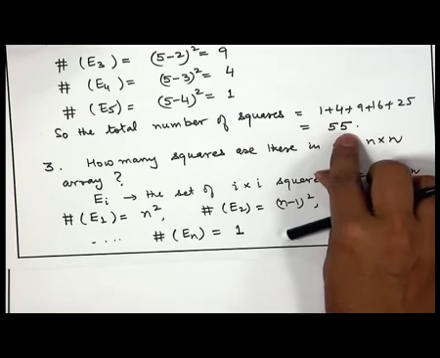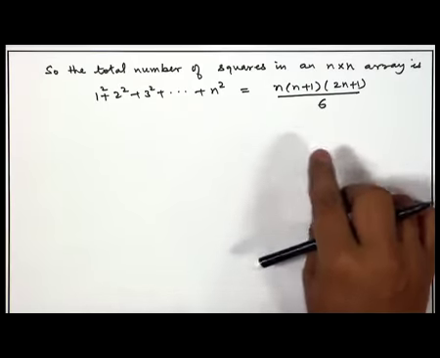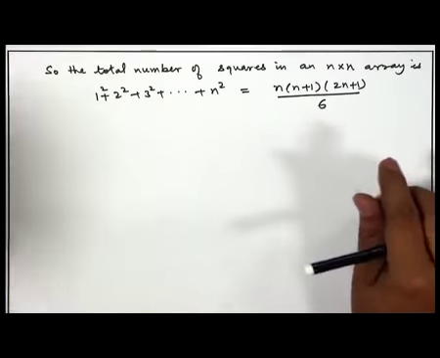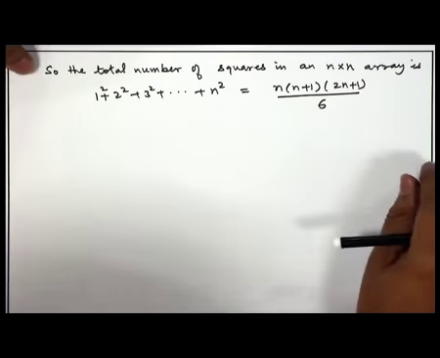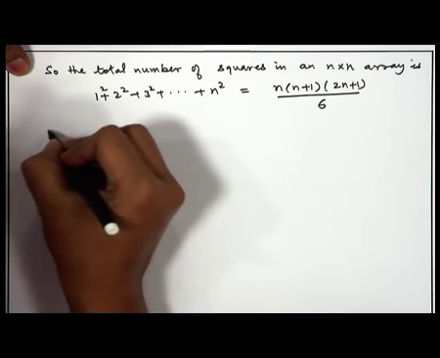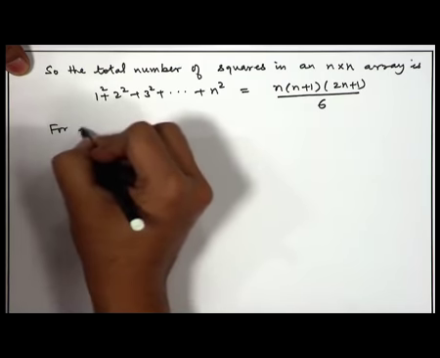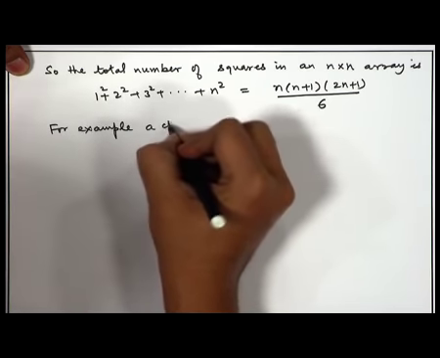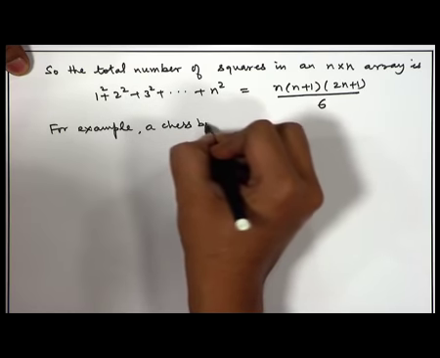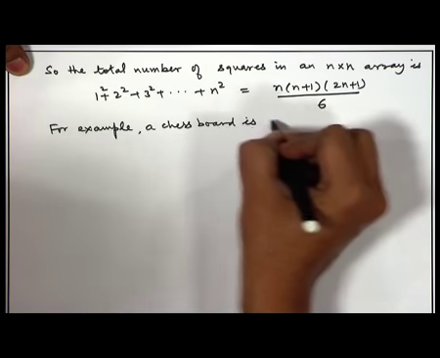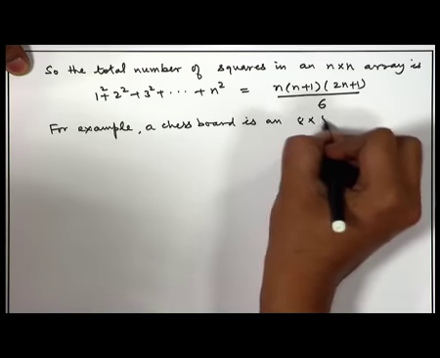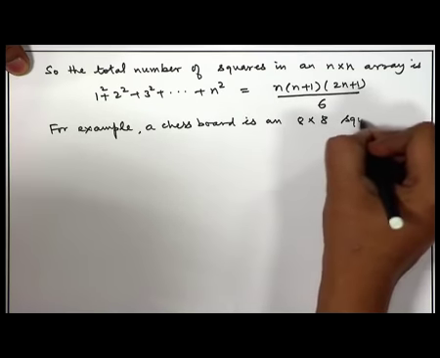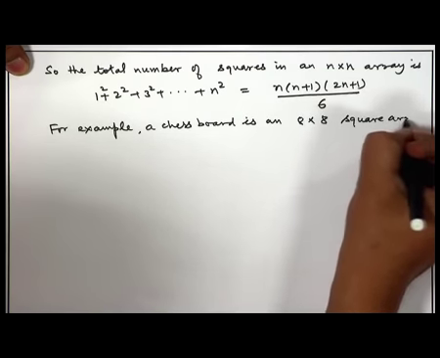As an example, we can consider how many squares are there in a chess board. A chess board is an 8 by 8 square array.